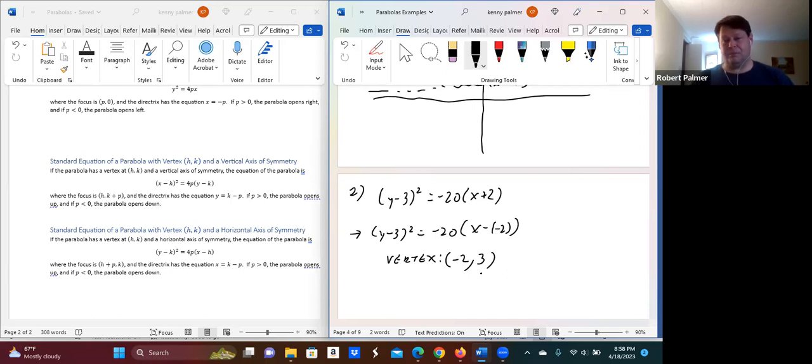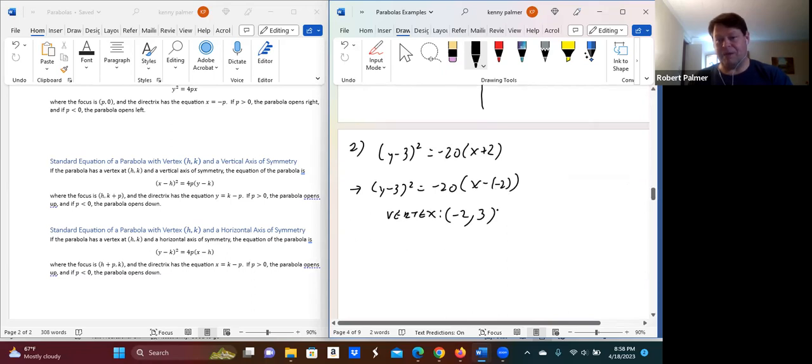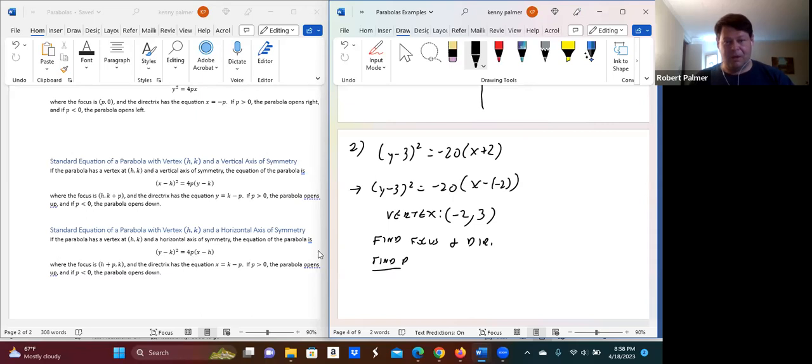Okay. And then we also want to find the focus and directrix. So first, let's find p. And here we won't write the whole thing again, but basically if we compare, negative 20 is equal to 4p. So 4p is equal to negative 20. And so p then is going to be negative 5.